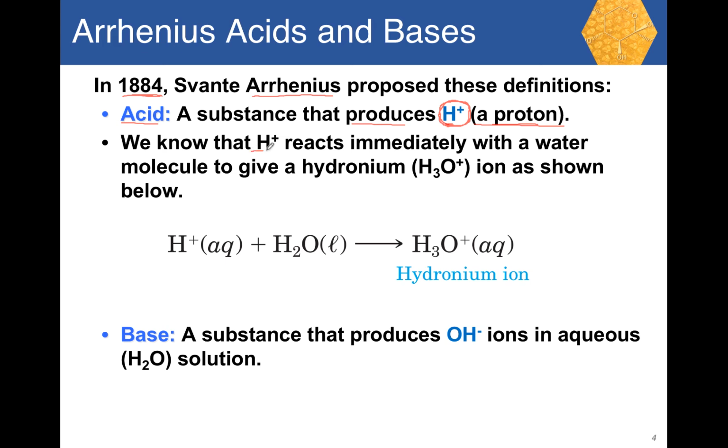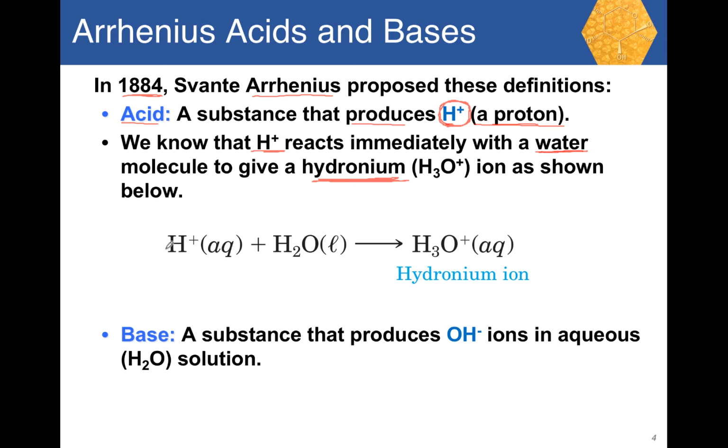We know that a proton is very reactive, so it reacts immediately with water to produce a new type of molecule or intermediate called a hydronium ion. Why water? As you know, water is the most common solvent, so that's why most definitions are referenced to water.